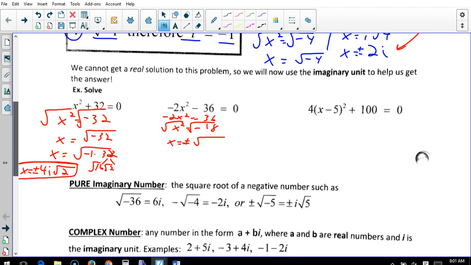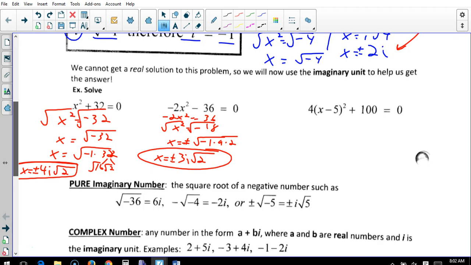Now, if you want to, you can just break it down right here: negative 1 times 9 times 2. It's another way of doing it all in one step. And then we just pull stuff out. Don't forget the plus or minus. The 9 comes out as a 3. The negative 1 comes out as i. And the 2 is stuck underneath the radical.